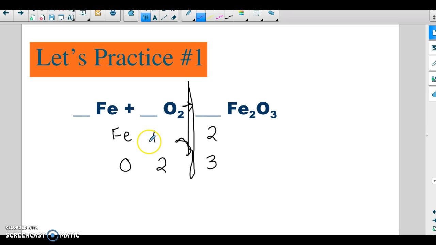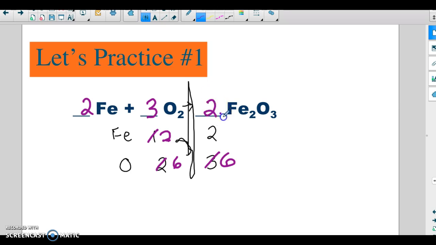But I'll just start with the iron. I want to have 2. I want to have it be equal, and I have to change just the number in front, the coefficient. Oxygen, 2 and 3 both go into 6. So if I put a 3 here, I have 6 oxygens. And if I put a 2 here, I have 6 oxygens.